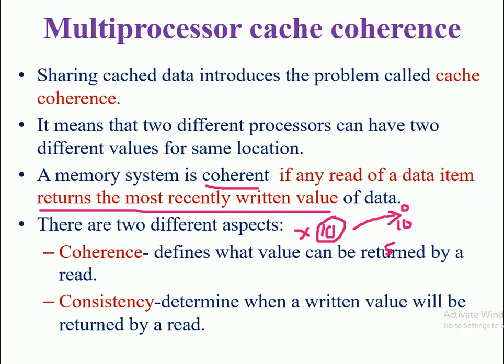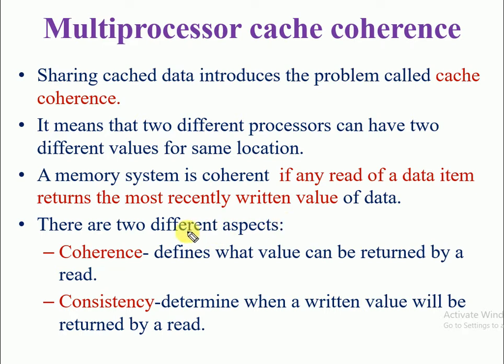In this aspect, there are two different aspects related to memory coherence. One is called coherence. It defines what value can be returned by a read. A read operation, whether it is returning a correct value or a wrong value. And the second thing is consistency, which determines when a written value will be returned by a read.